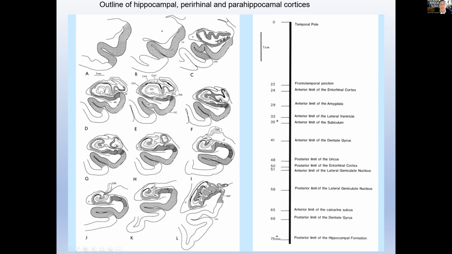Notice that in the very rostral part of the hippocampus, there is no CA2. And one thing that I have found in the literature is that people place CA2 in front of CA3. In our observations, in more than 100 human cases, it's just the opposite.